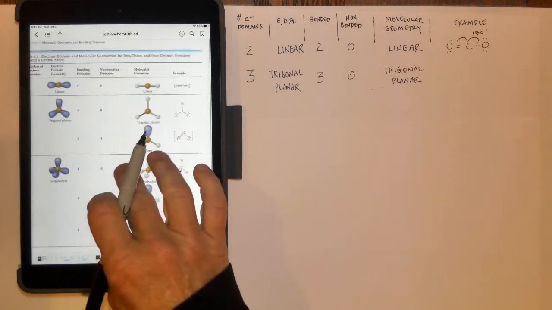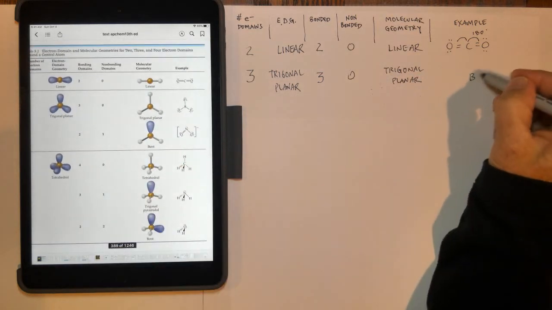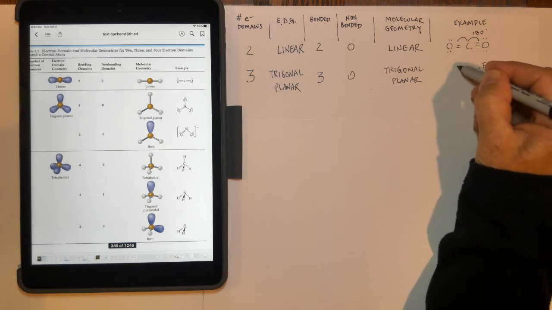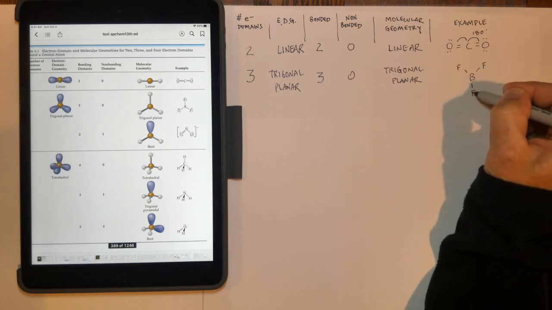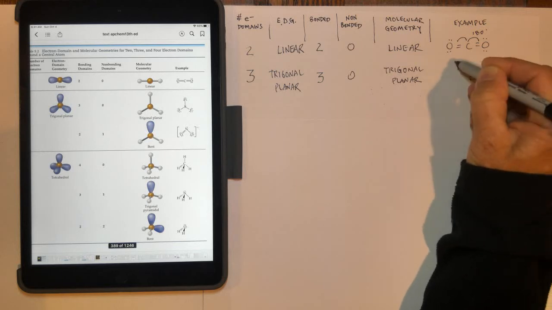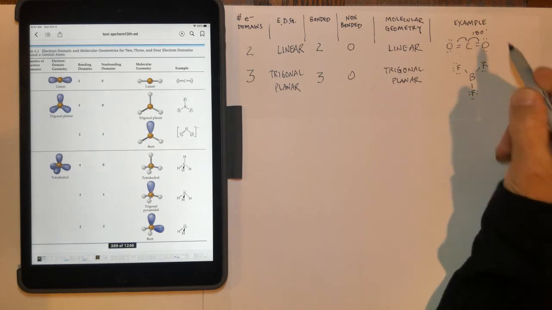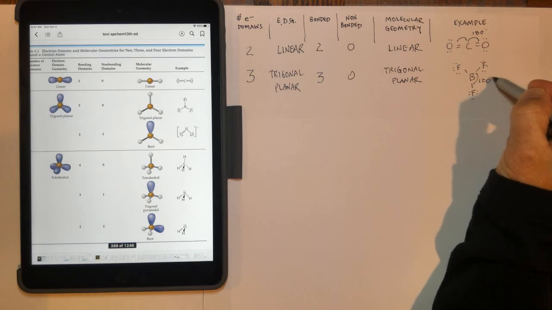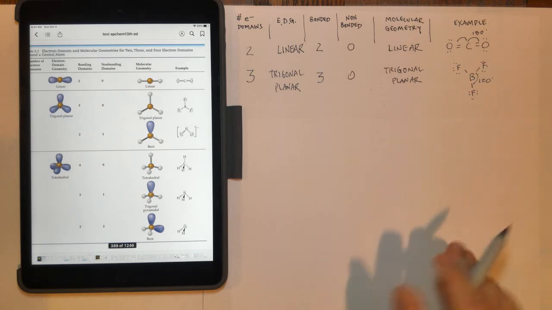A good example of that one would be our BF3 molecule that we learned about back in chapter 8. That was an exception to the octet rule, where boron breaks the octet rule. And this one right here would have 120 degree bond angles because it's the farthest that those fluorines could get from one another.